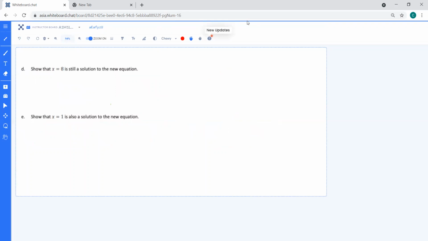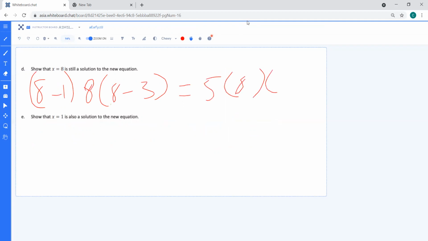Show that x is, okay, so we got the new solution. 8 minus 1. And then it was x, which was 8, and then x minus 3. That is equal to 5 times x minus 1.